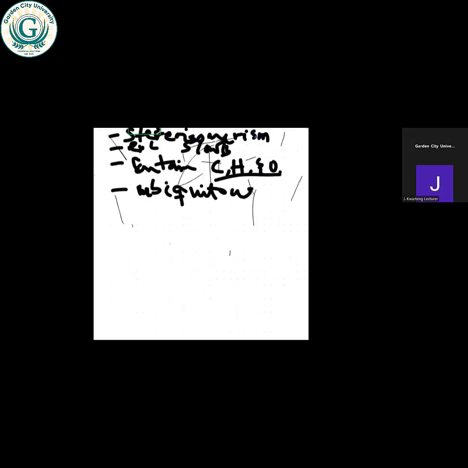I said they are categorized into four. The first is what? Carbohydrates. The second is what? Proteins. The third is what? The lipids. Then the last one is what?